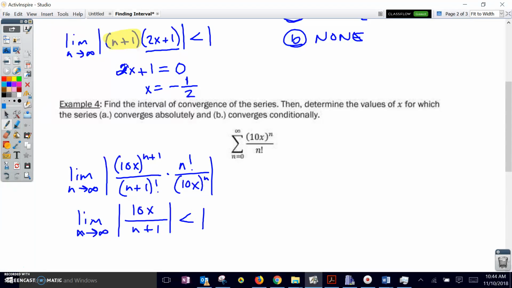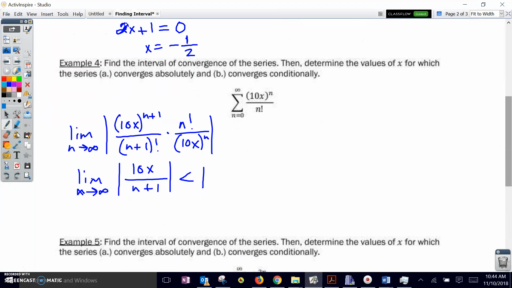Now, since the denominator is going to infinity, that means no matter what value of x we put in there, this is going to approach 0, and 0 is always less than 1, and therefore our interval of convergence is going to be all real numbers.